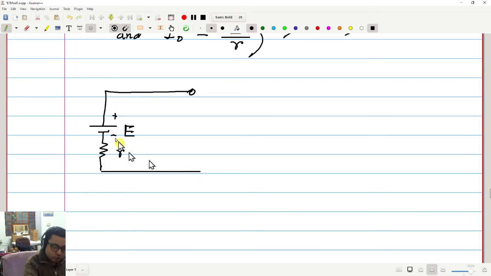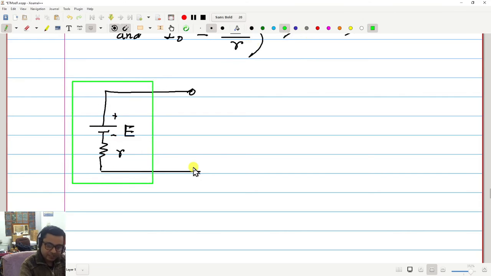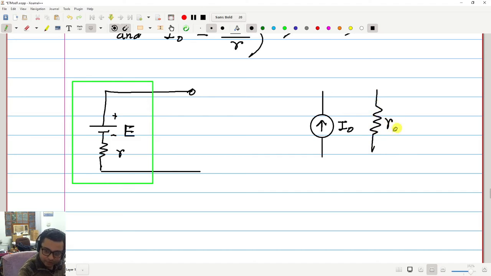These two together are the practical voltage source. Now I take a practical current source whose current value is I naught and internal resistance, which is in parallel, is R naught.